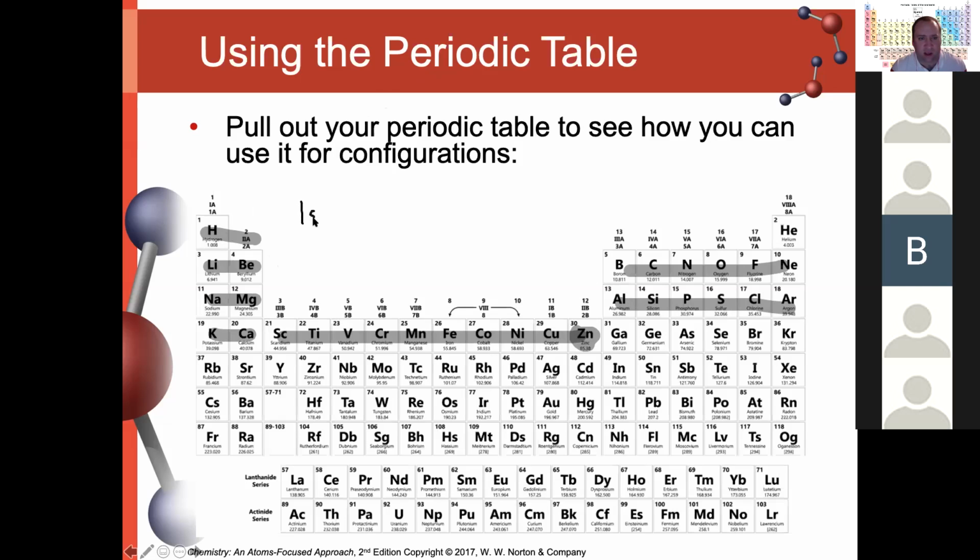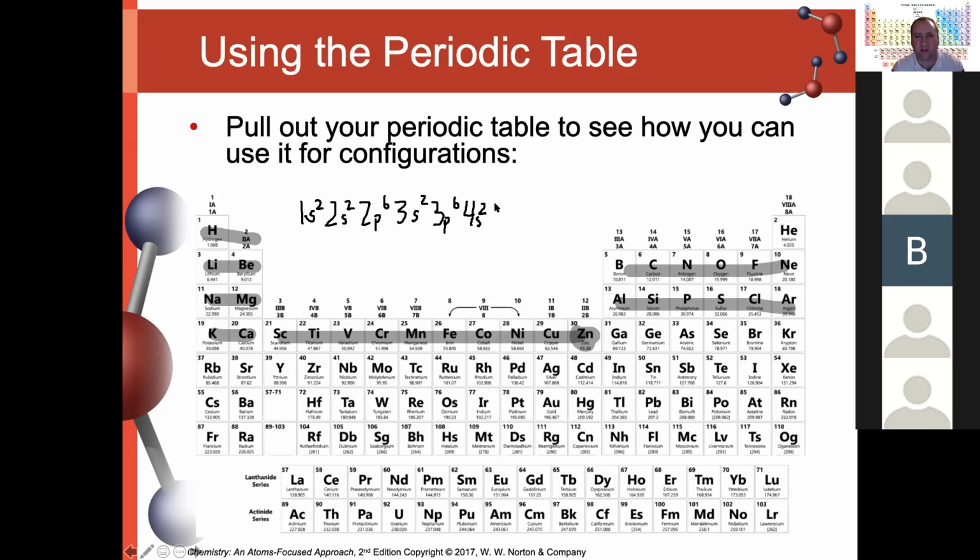1s, well, that's 1s2 because it's full. The next one's 2s, 2s2 because it's also full. Then 2p, it's full, so it's 2p6. Then 3s, and it's 3s2. Then 3p, and it's full, so 3p6. Then 4s, and it's full, so 4s2.